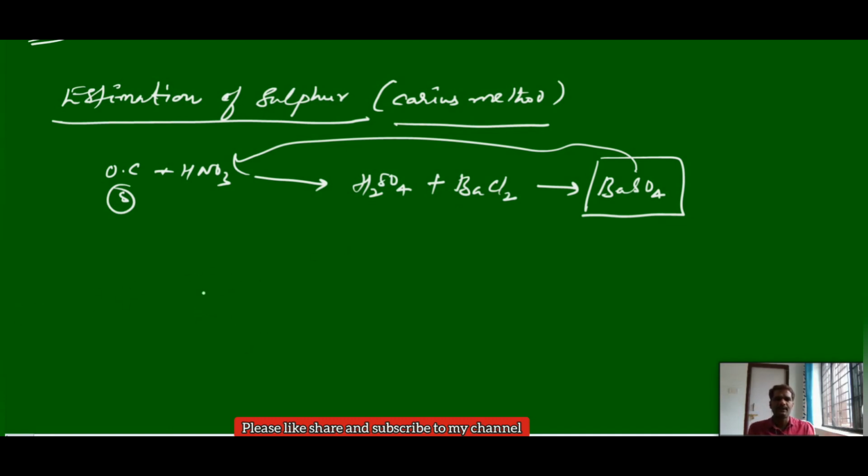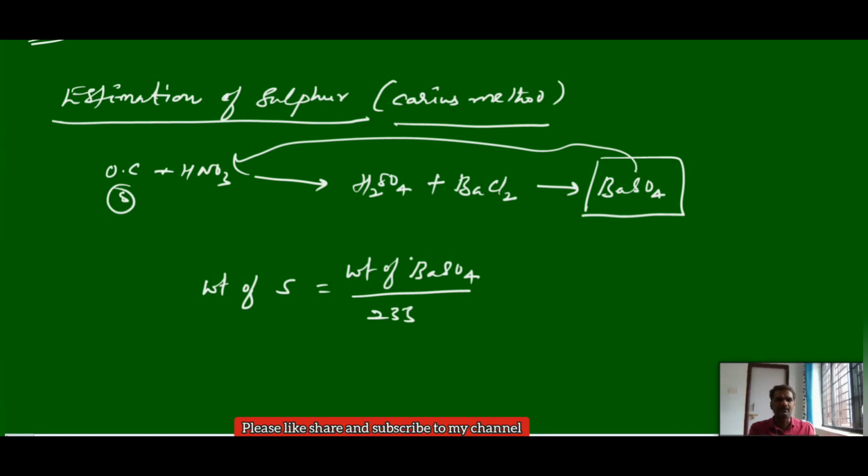First, the weight of sulfur. How can you calculate the weight of sulfur? You have to identify how many moles of barium sulfate formed. That is the weight of barium sulfate by the molecular weight of barium sulfate. Here the molecular weight of barium sulfate is 233.